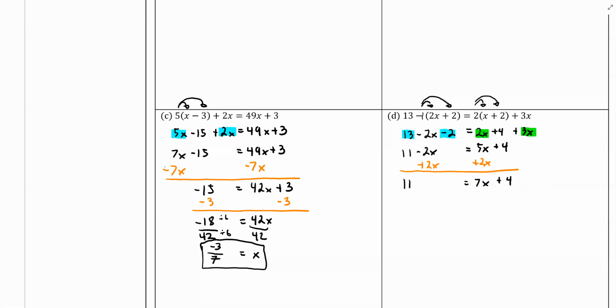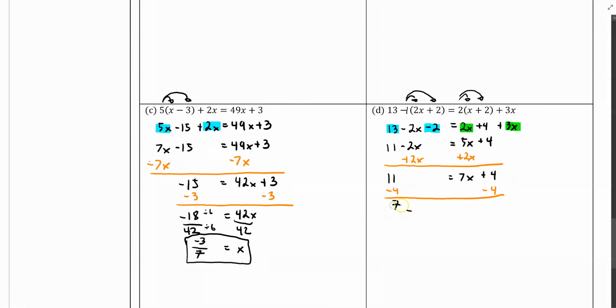Now we will subtract 4 from both sides to get the 7x by itself. And lastly, divide both sides by 7 to get 1 equals x. And that's it for this set of notes.